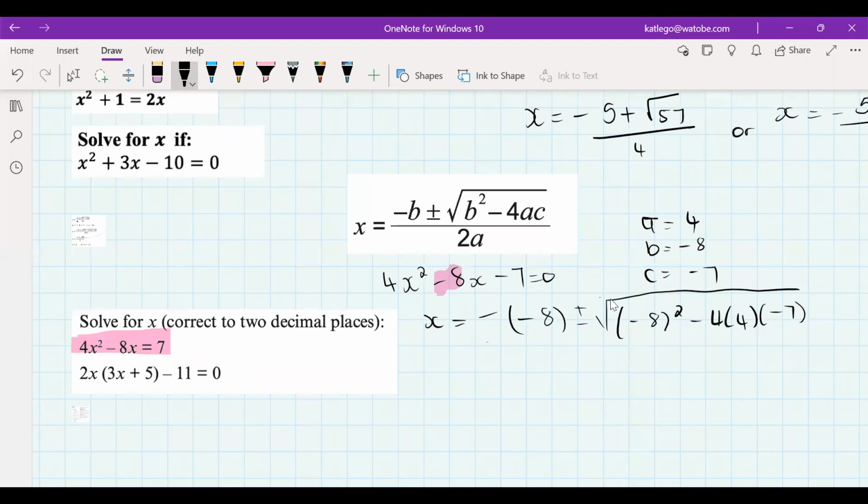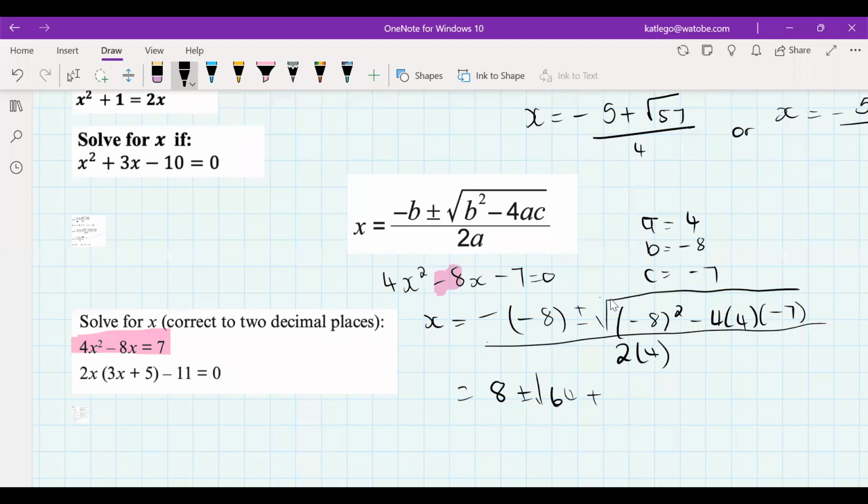Here we go. Then you do this over 2 times 4. Okay, equals negative, a positive 8, plus or minus, that is 64. Negative and a negative is plus 7, 14, 28 times 4.